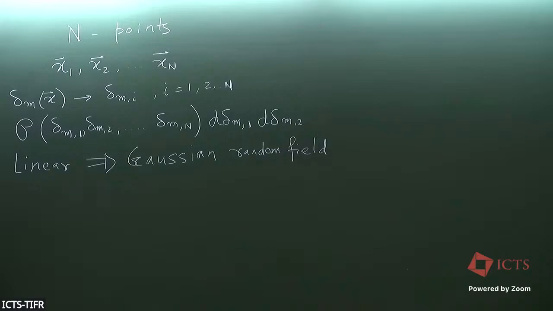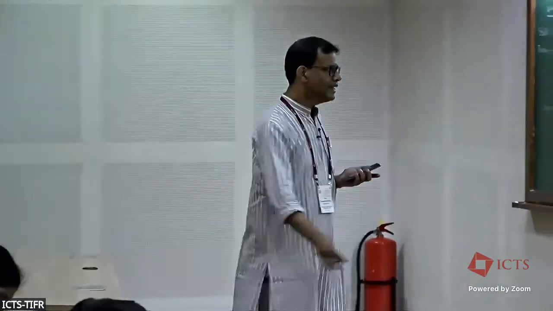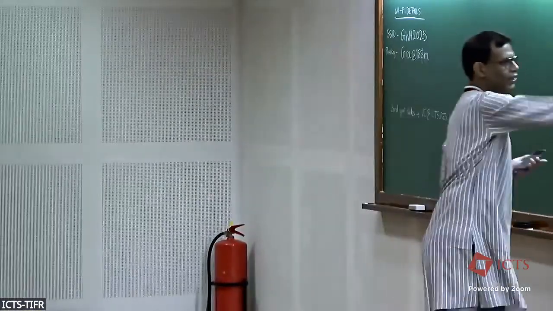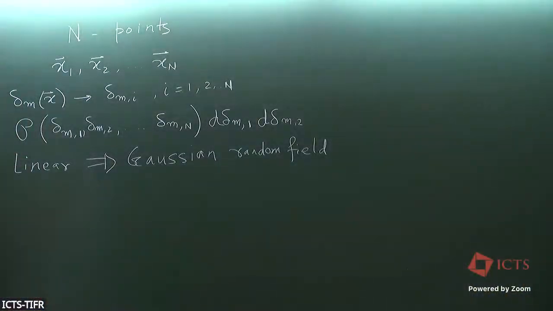So if the field is Gaussian, then in general, for a Gaussian distribution, you have to specify just two numbers, the mean and the variance, sigma. In this case, since we are working with density contrast, the mean is 0, so we don't have to worry about that. Then we have to talk about the variance.